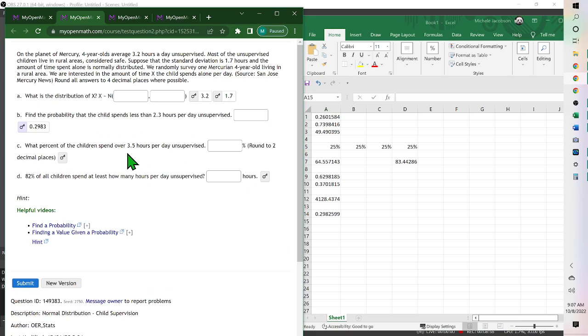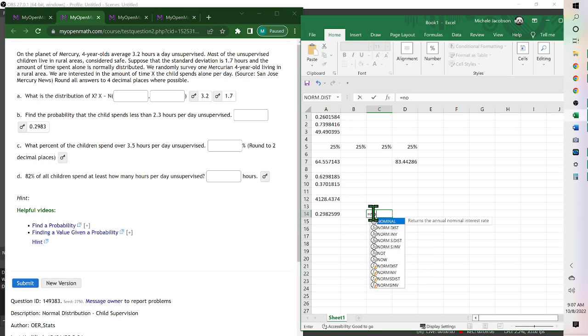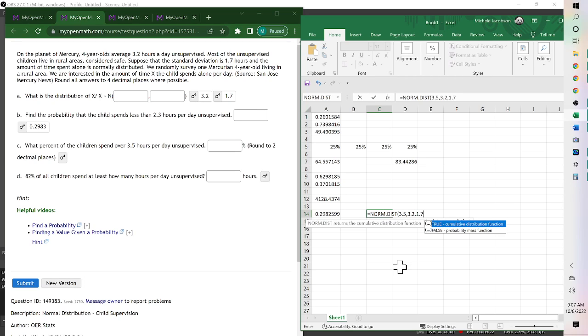What percent of children spend over 3.5 hours? So equals norm. Again, we're looking for the probability. 3.5. The mean, 3.2. Standard deviation, 1.7, comma 1 for the total under the curve. Now this is giving us below.